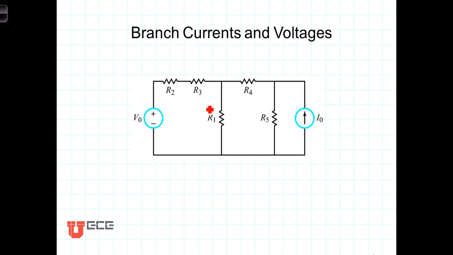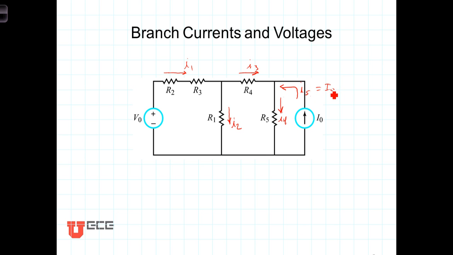Up until now, as we've been analyzing circuits, we've identified branch currents and voltages and worked with those as our variables. For example, we have a branch current here, call it I1. We have another branch current here, call it I2, another here, I3, I4, and perhaps referencing it like that, I5, and of course we know that I5 in this case equals I0.